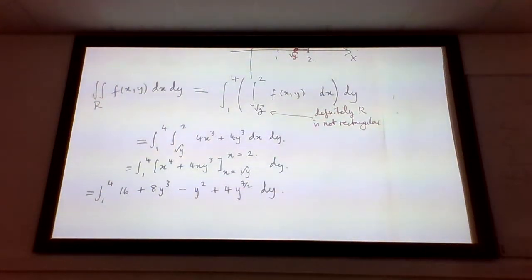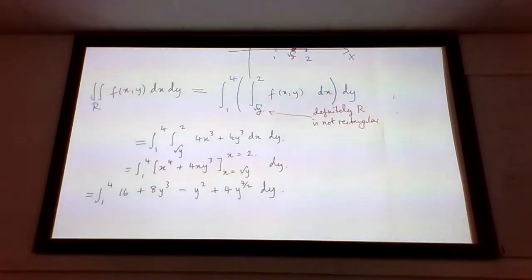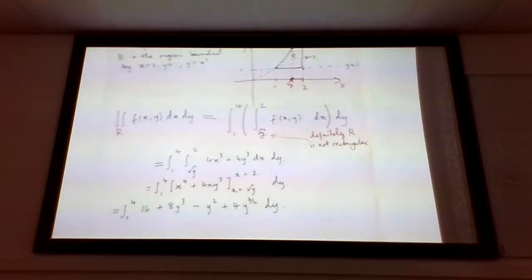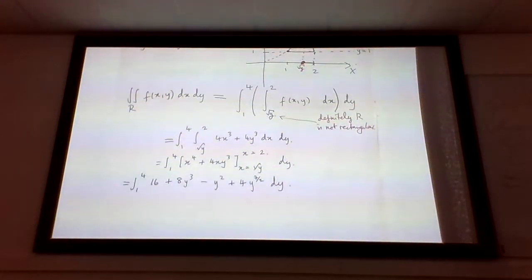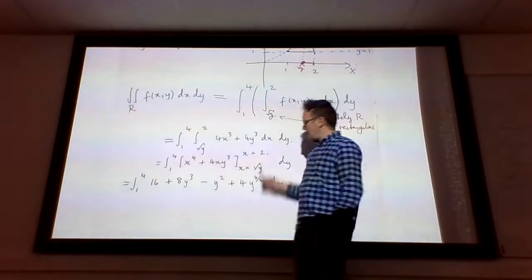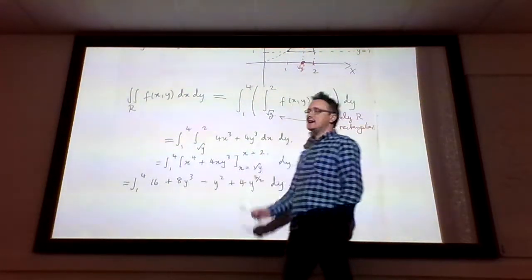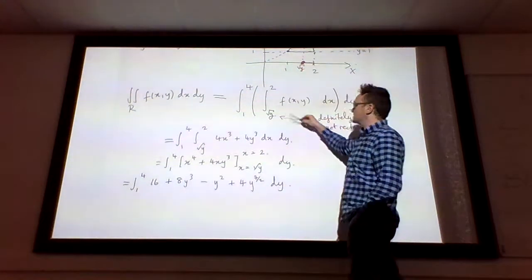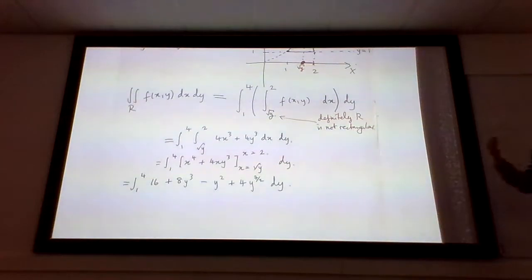So, as expected, or as we kind of foretold, the x integral came out as being this polynomial in y. The value of the x integral was a function of y. And that was what we expected.